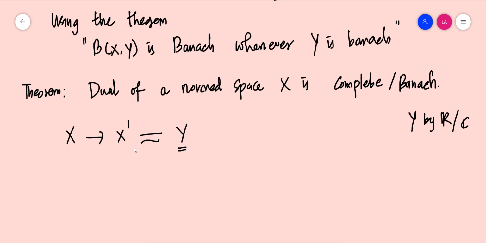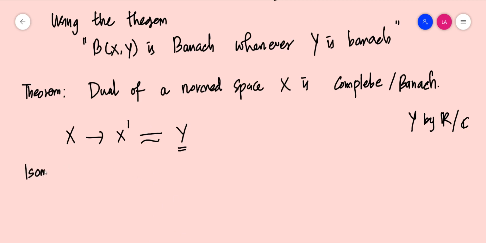So, even though these two spaces have different sets of elements, maybe different operations in general, the properties are the same. So, the dual of a particular space can be identified with another space by means of an isomorphism. That's the way to understand the dual of some spaces. That's what we are going to do. Before that, we have to understand what an isomorphism means.